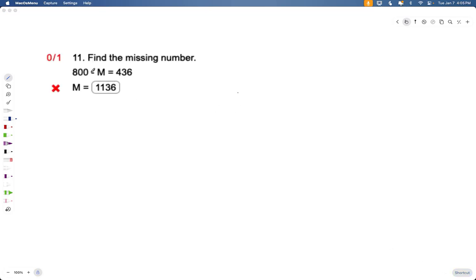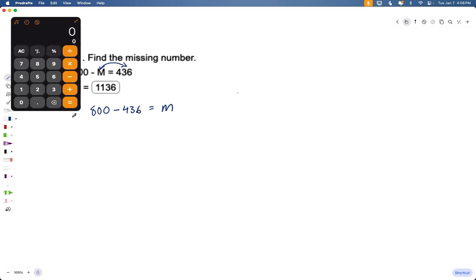Okay, so here is another one of those where we just need to swap this one and this one. So we need to say 800 minus 436 is going to equal m. Okay, so if we pull up our calculator, 800 minus 436 is 364.